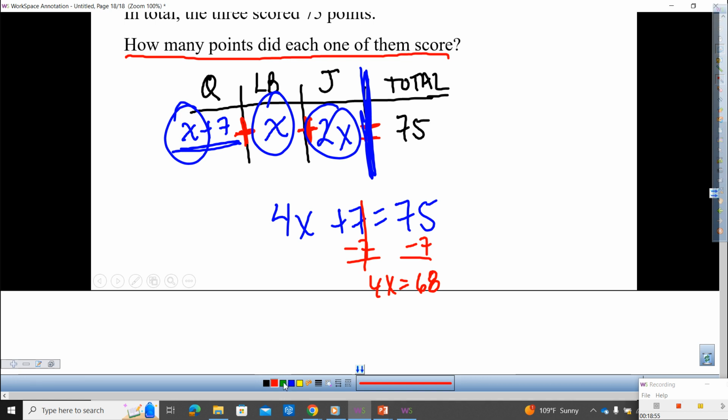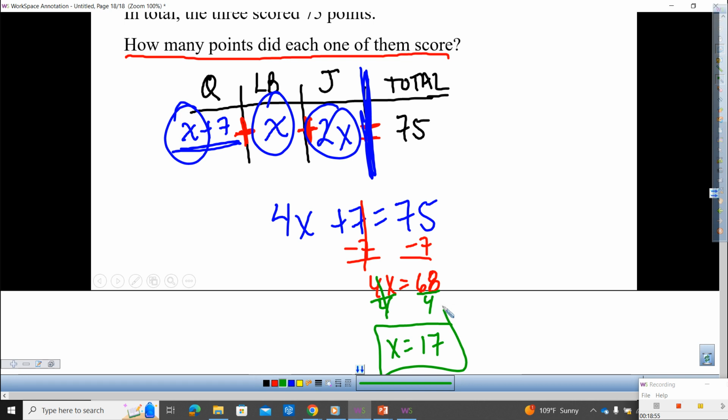And last but not least, divide by 4, x equals, what is it? 17. Let's go. That is correct.